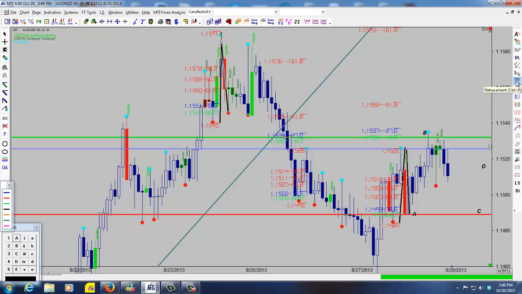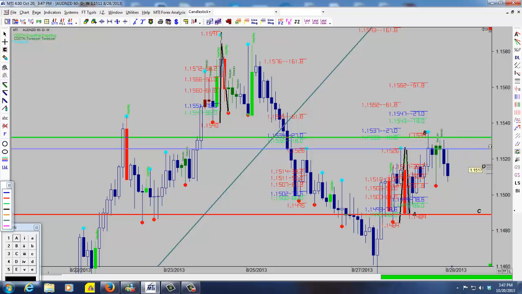Alright, so we're going to do the same thing again. A to B gives us our new fibs. Pretty close to the old ones, huh? So this is our new A. This has retraced back to the 618.